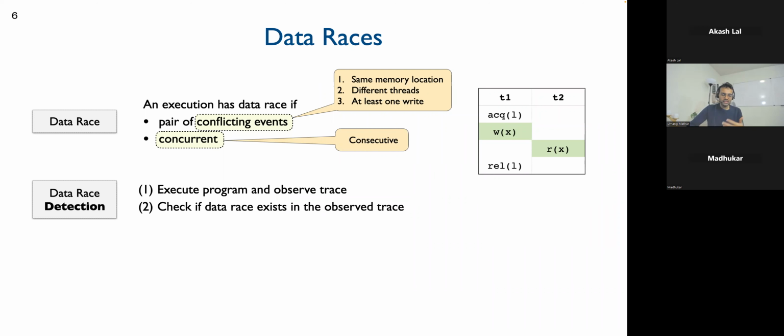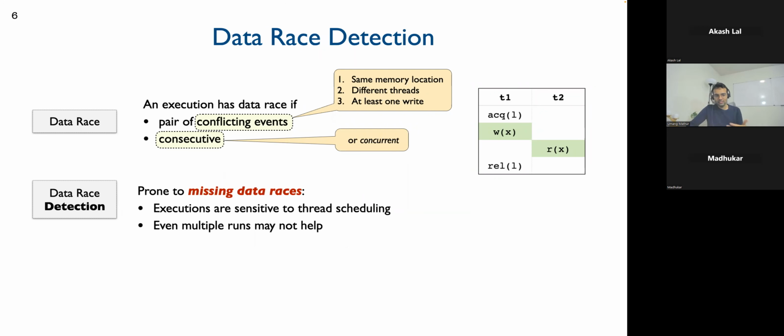Now, this simplistic algorithm is not that great, in the sense that it is prone to missing data races. In particular, what might happen is that you might run your program once, maybe twice, maybe even 100 times, and you might get the same execution, which may not reveal the data race, even if there might really be a data race, possibly also easily detectable.